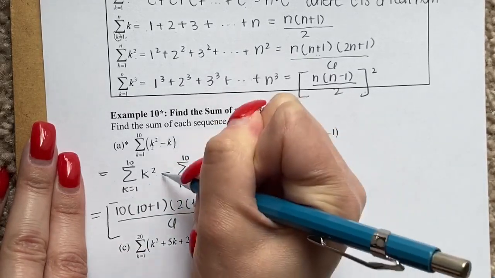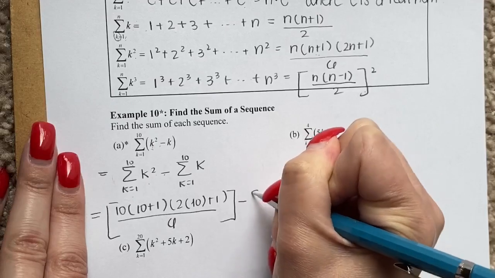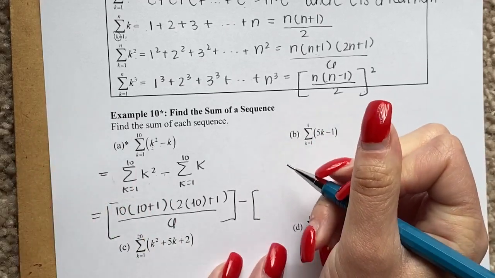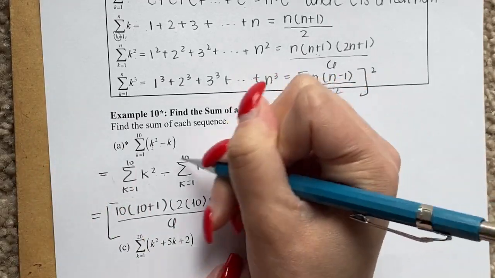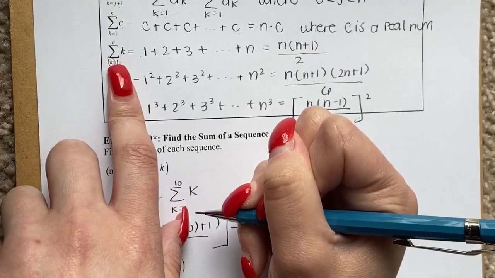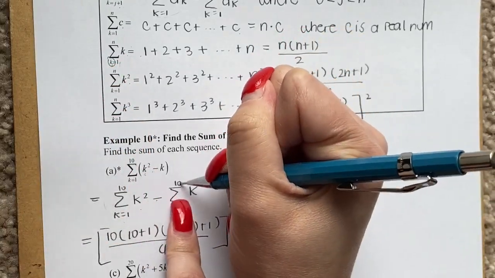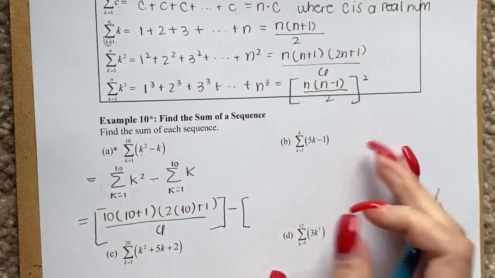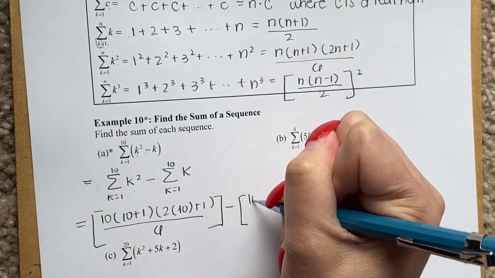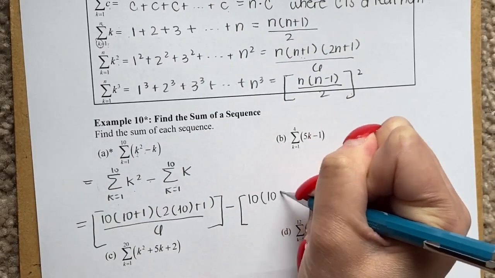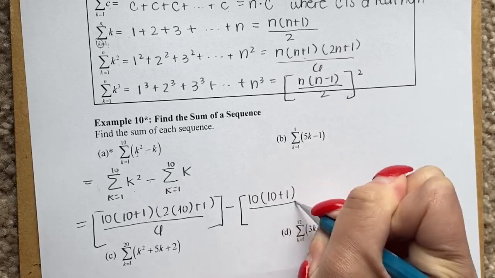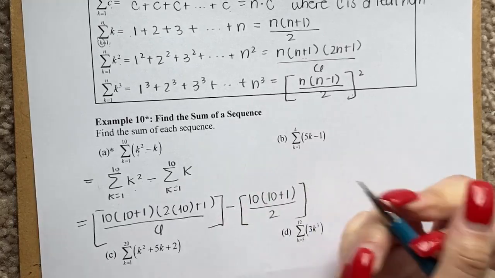That's going to be this part. Minus, and then put another part here, which is basically this, replacing the 10 with the n. So you have 10 times 10 plus 1, divided by 2, and that's going to be your value.